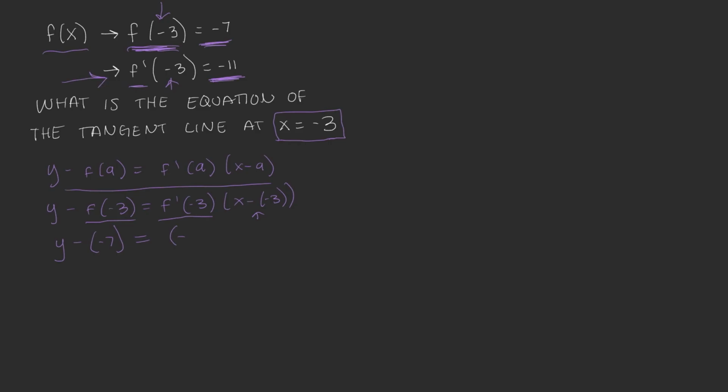So we're just going to plug in -11 here, and our x minus -3. So let's just simplify it a bit more. So our y minus -7 is actually just going to be equal to y plus 7. And then we'll have our -11 times x plus 3, right?